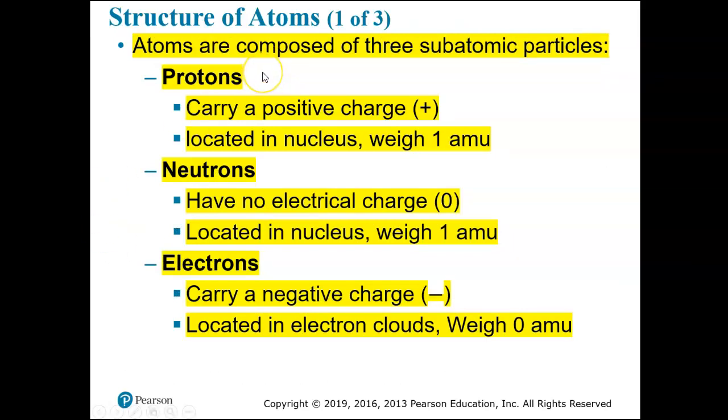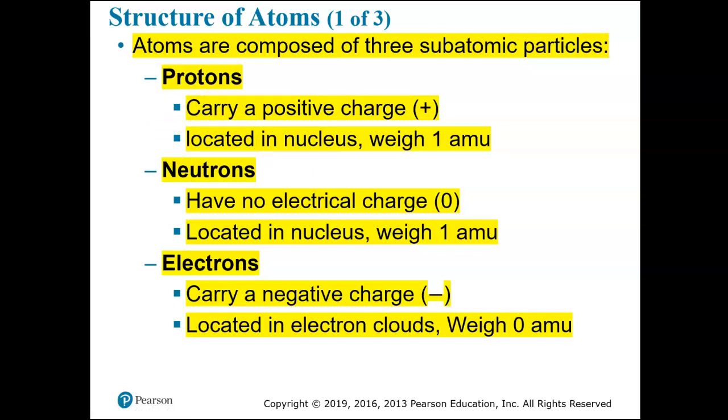Okay, now when we talk about atoms, there are 3 subatomic particles that make up the atom. The atom is made up of a combination of protons, neutrons, and electrons. You'll need to know the charge and location of each one. So a proton has a positive charge and is found inside the nucleus of the atom.